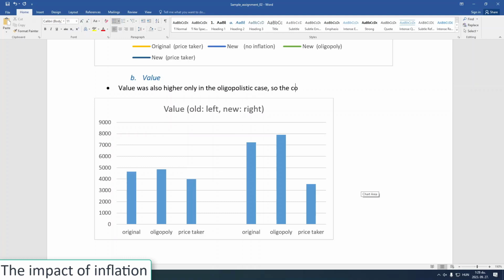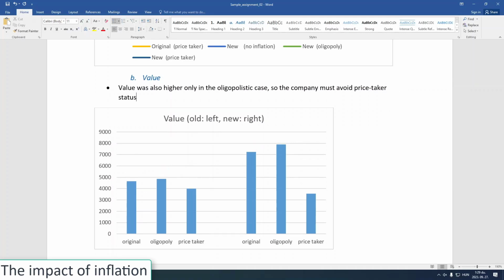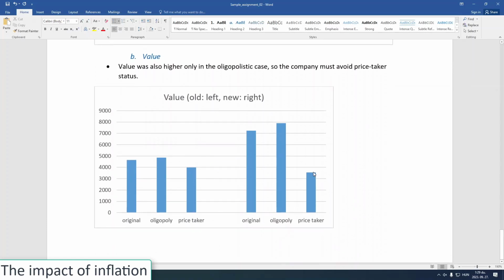So the company must avoid price taker status. Because yeah, you can lose a lot of money. So practically this is halving the equity value. So this is really harsh.